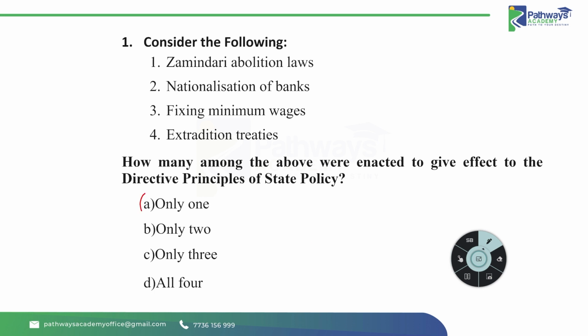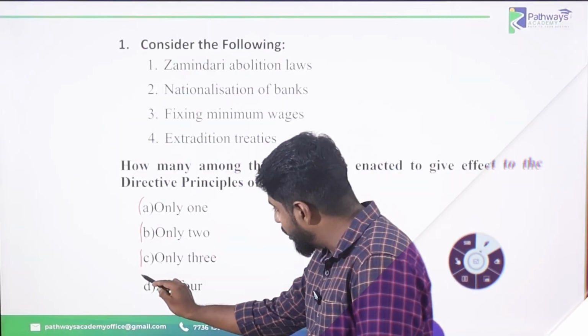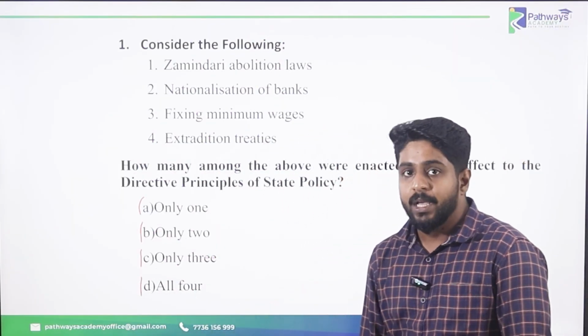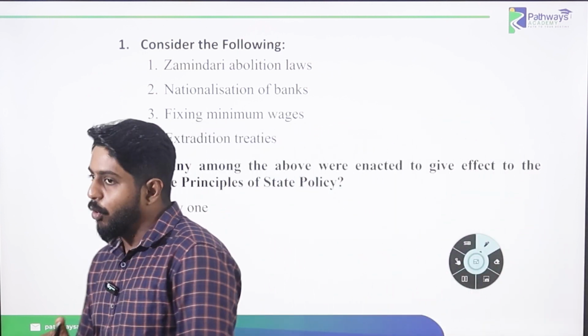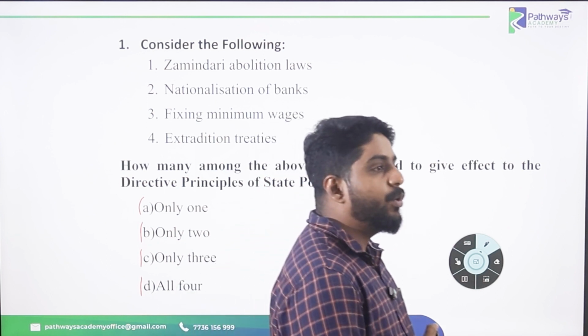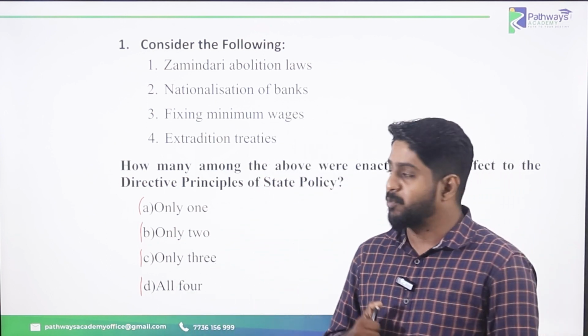So the question here is directive principle of state policy. Option A, only one. Option B, only two. Option C, only three. And option D, all four. The question here is which among the following laws were enacted to give effect to DPSP?